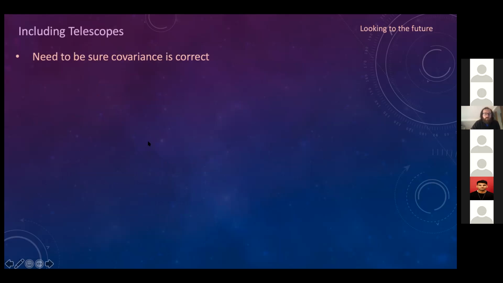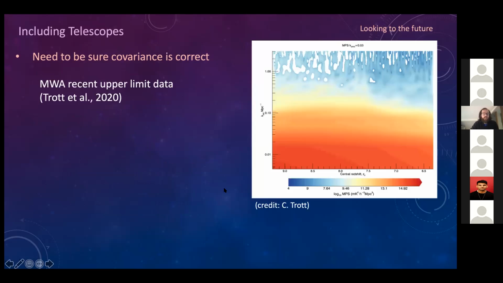So looking to the future and sort of wrapping up, we would definitely like to include telescopes once we have this sort of data problem under wraps and understand a feeling for how the power spectrum evolves. And Kaf has already implemented this on the MWA data. And this is what it looks like as an upper limit.